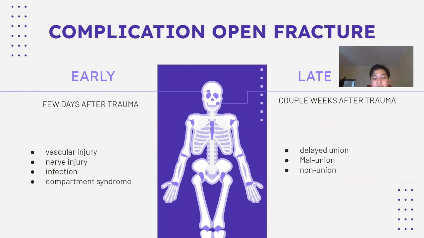However, in cases of open fracture, the most common early complications are vascular injury, nerve injury, infections, and compartment syndrome. Compartment syndrome is a condition in which increased pressure within a closed myofascial compartment can lead to decreased tissue perfusion. Infection can come from normal flora around the skin, and it can also come from pathogenic bacteria, especially gram-negative bacteria.